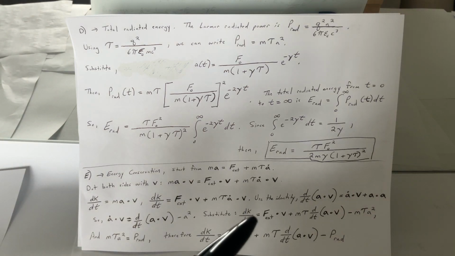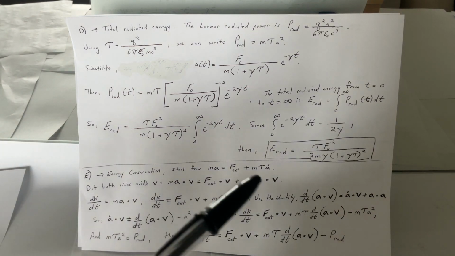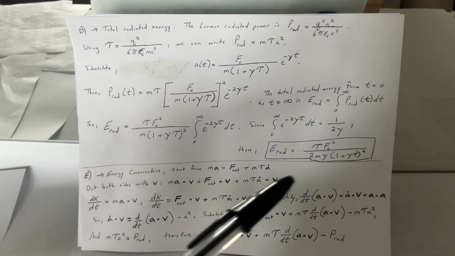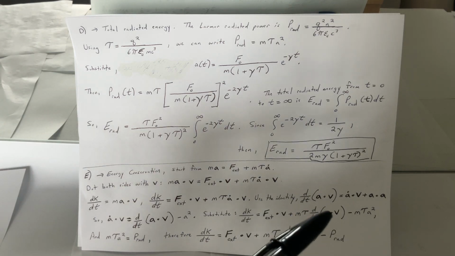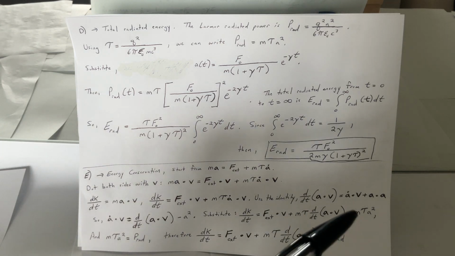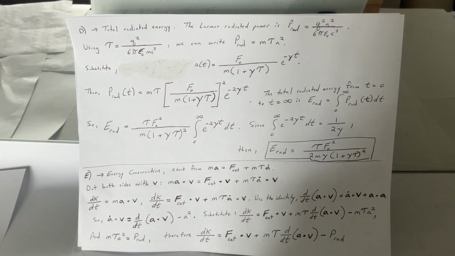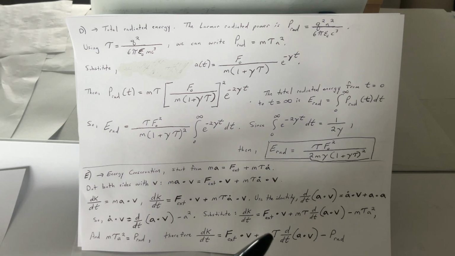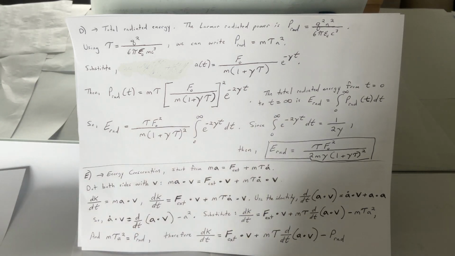Substitute: dK/dt equals F_ext dot v plus m tau d/dt of a dot v minus m tau a squared. And m tau a squared equals P_rad. Therefore, dK/dt equals F_ext dot v plus m tau d/dt of a dot v minus P_rad.